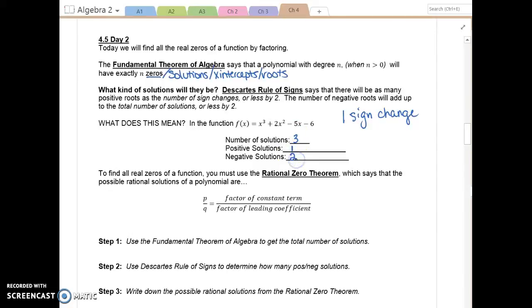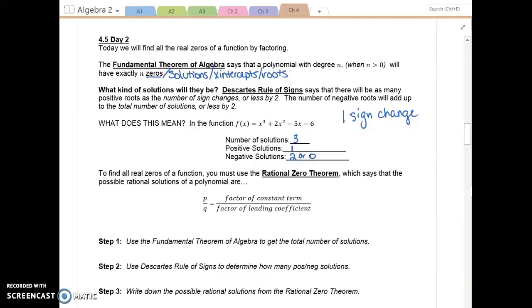Now in Descartes' rule of signs, he does say there will be as many positive solutions as there are sign changes, or less by 2. So anytime you have 2 possible solutions, you have 2 solutions or 0 solutions.